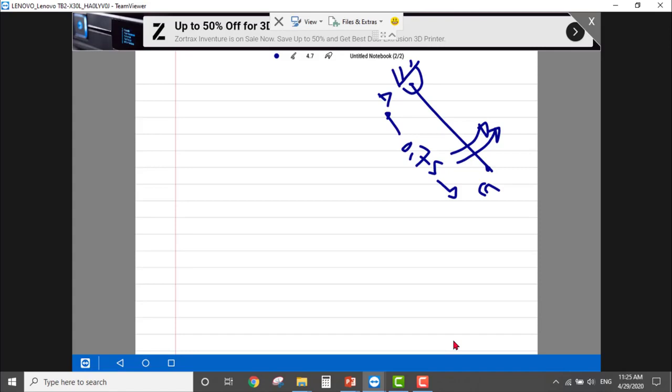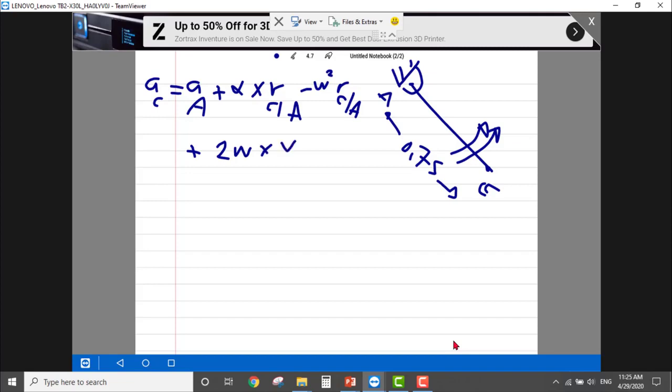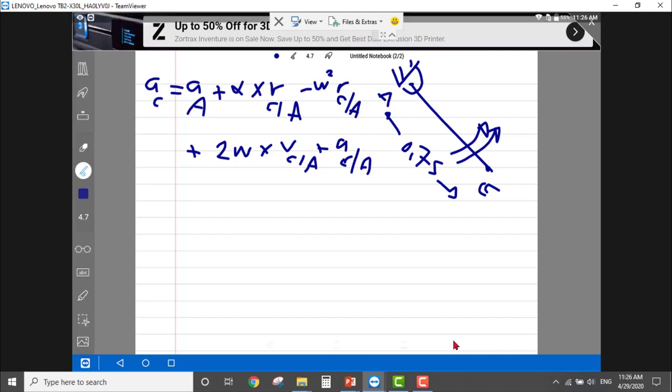Now applying the equation which says that AC is equal to AA plus alpha cross product R C with respect to A, minus omega AC squared times R C with respect to A, plus 2 omega CA cross product VC with respect to A, plus acceleration AC with respect to A. Now the only term that will become 0 is the relative acceleration, because it's flexible.